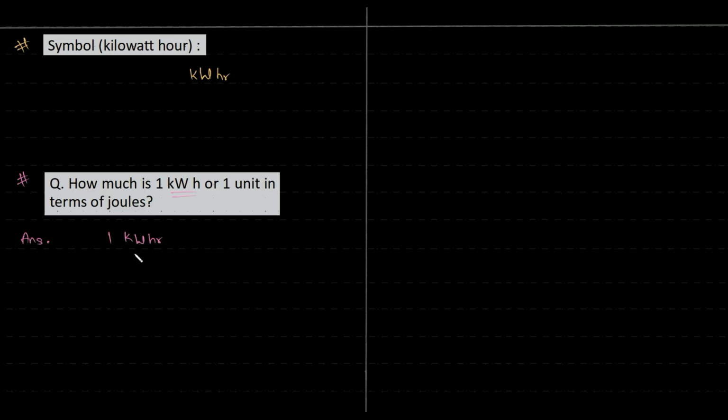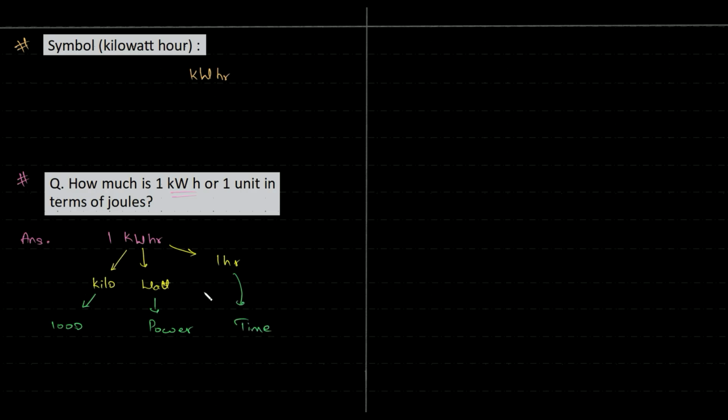Now what does it mean? This is kilo, this is watt and this is hour. Kilo has to do with 1000. Watt has to do with power, and hour has to do with time.